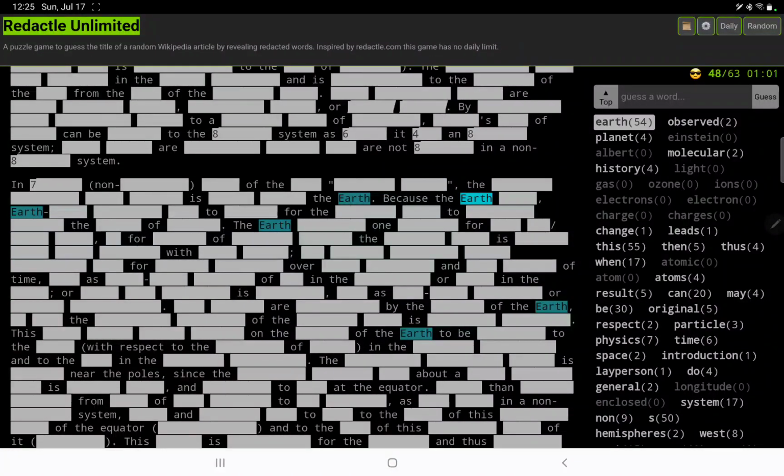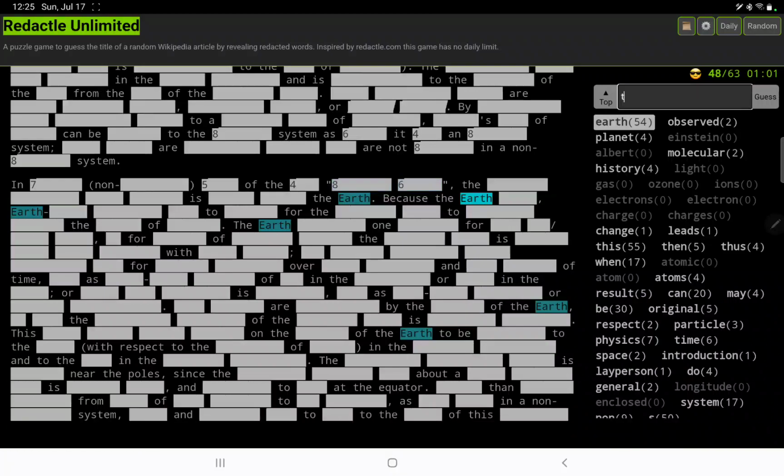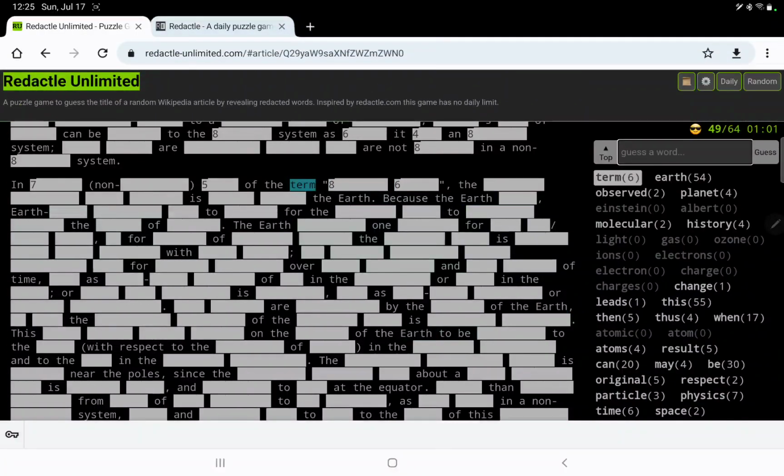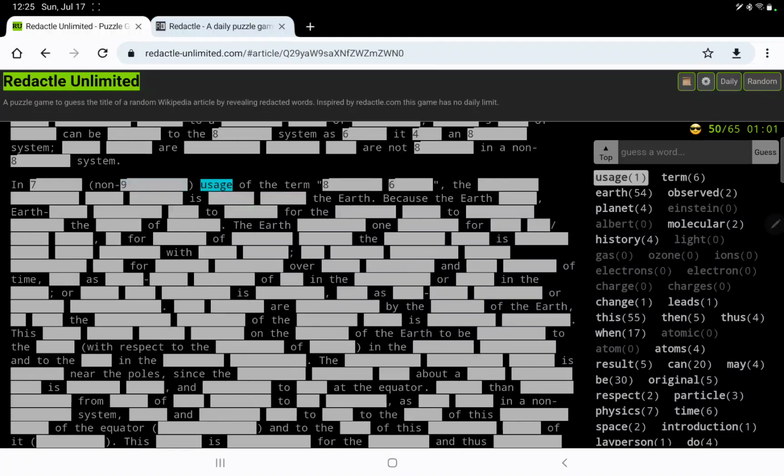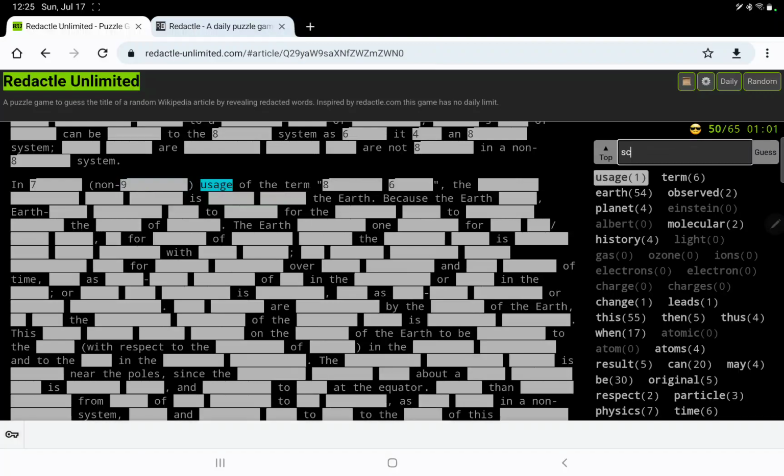Okay. In 7, non-something, 5 of the, maybe something of the term, yes, 8-6. Usage, maybe, of the term, yes. In something non-scientific, maybe?